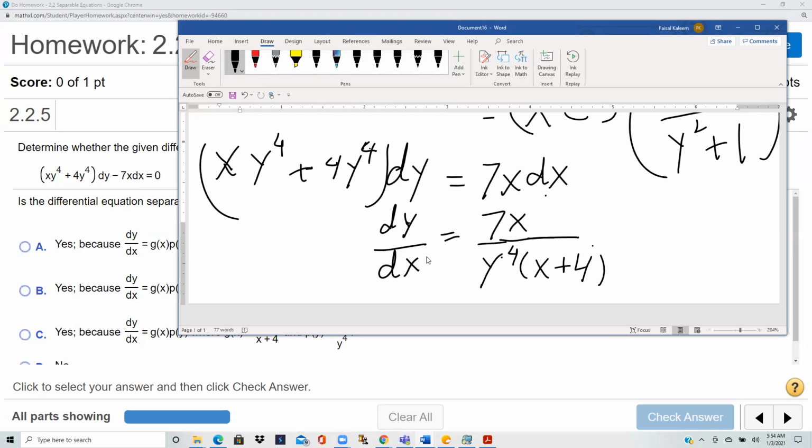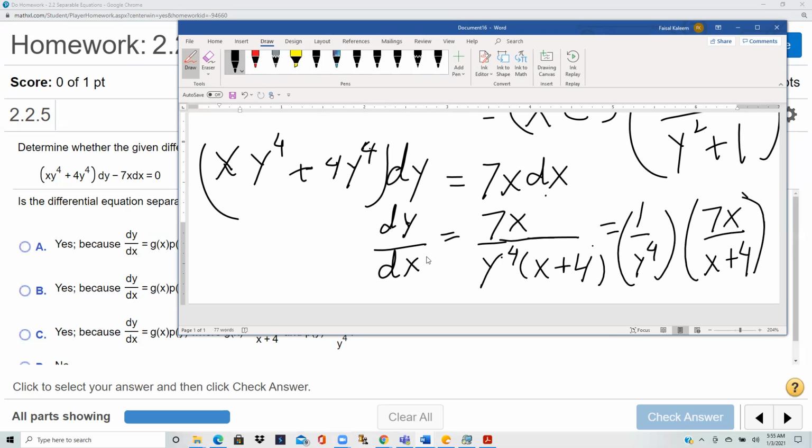And now you see this is separable because I can write it as 1 over y to the 4 times 7x over x plus 4. So this one is just a function of y, and this one is just a function of x, and I've written it as a product of these two.